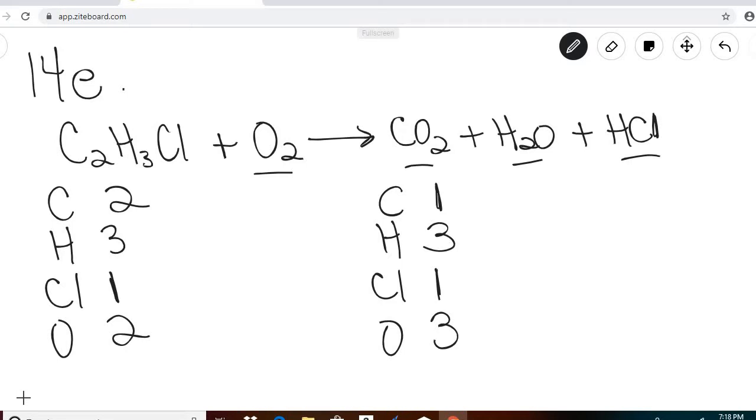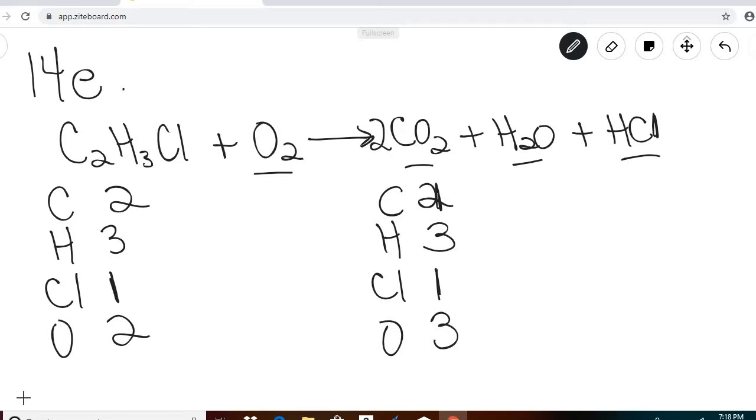Okay, so let's start by fixing the carbon. The only way we can fix the carbon is to have 2 carbon dioxide, so that makes our carbon okay. Hydrogens are okay, chlorines are okay, so we just have to deal with the oxygens.